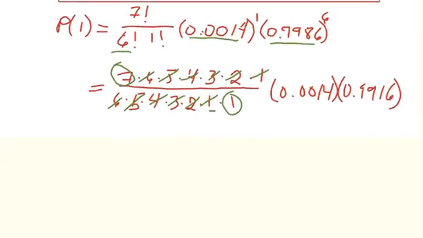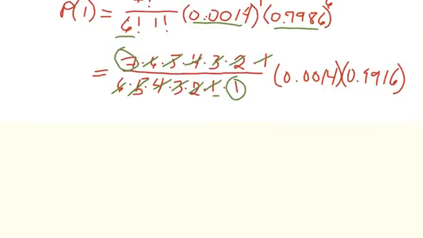So now we just multiply everything together. That is, multiply the 7, the 0.0014, and the 0.9916. Multiply it all together, that gets us 0.0098.